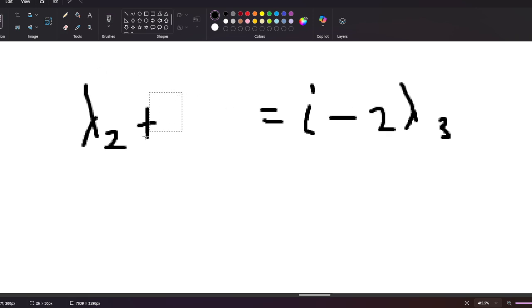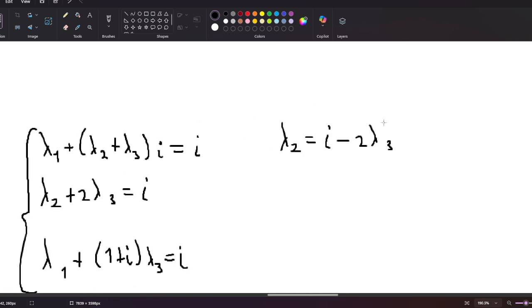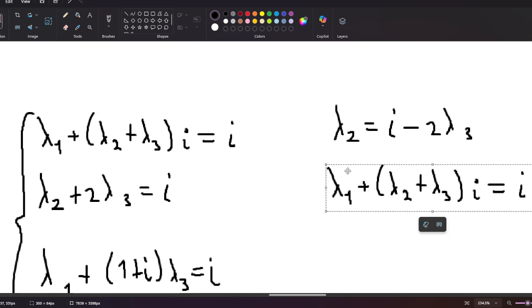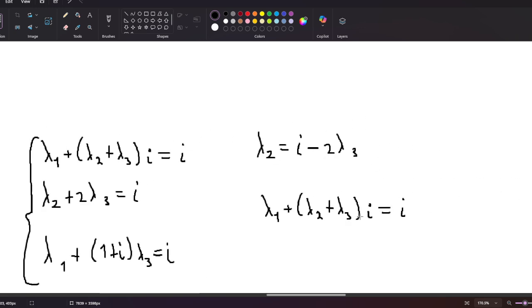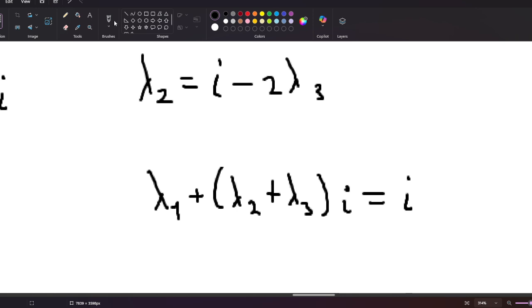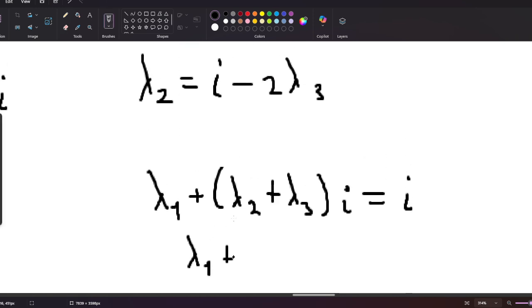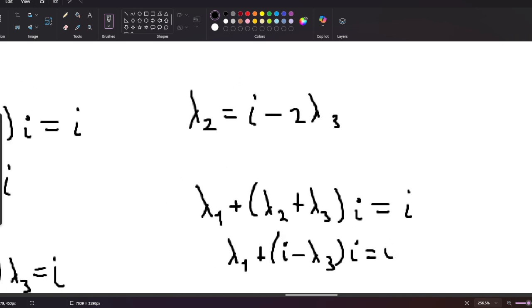So lambda 2 is going to be equal to i minus 2 lambda 3. Now let's deal with this equation even, not just any expression. It's going to be lambda 1 plus, it's going to be i minus lambda 3 times i equals i.